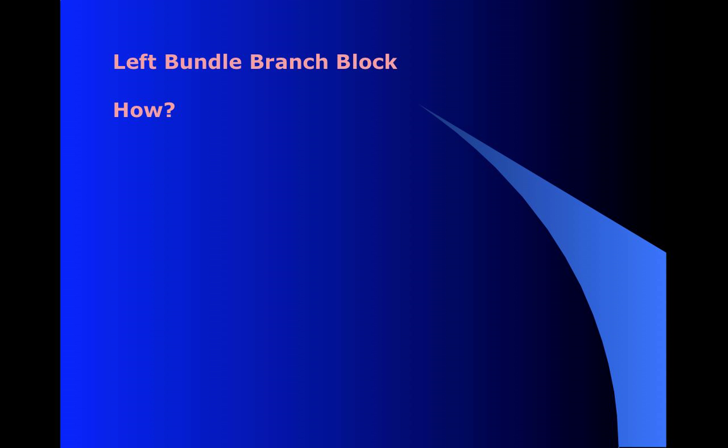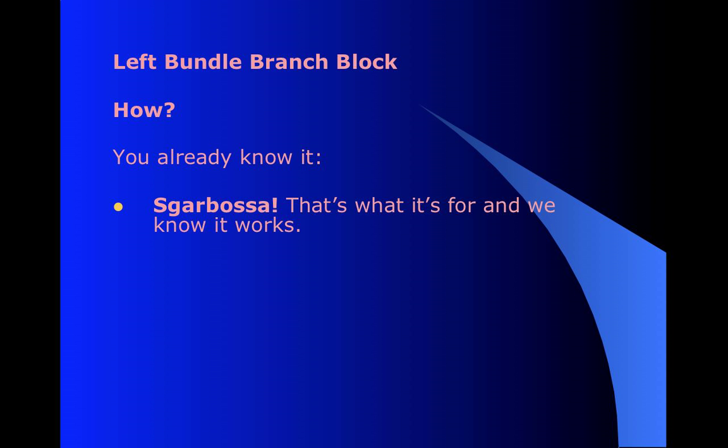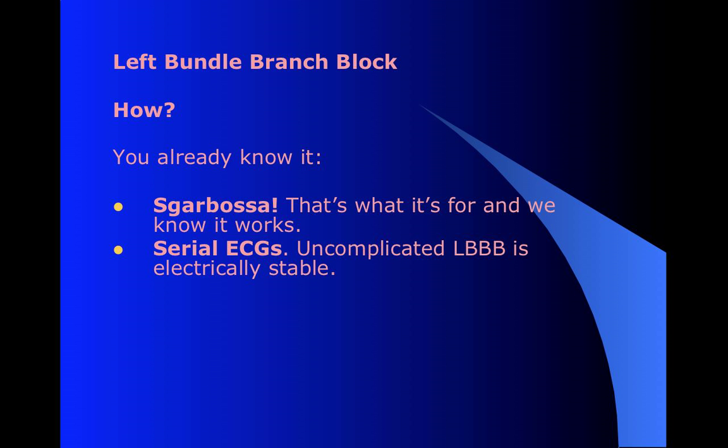So, how do we actually do this? Well, we know the main tools now. Scarbosa, it works well. That was originally what it was developed for. We know how to use it. It's great. Serial EKGs, again, work real well. A simple left bundle should be stable. It sits there, it doesn't do anything. Maybe the patient has chest pain for some reason.